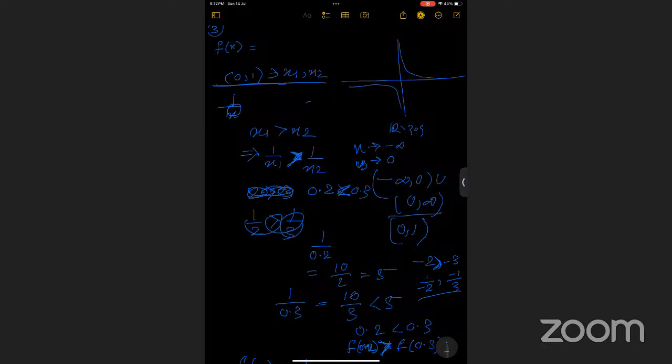It will be something like that, right? Yes, ma'am. Correct. Only at 0 it's not possible in the domain, so that is already excluded. So it's clearly decreasing at every point.